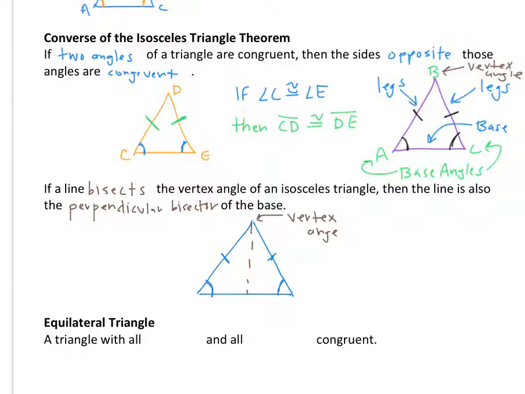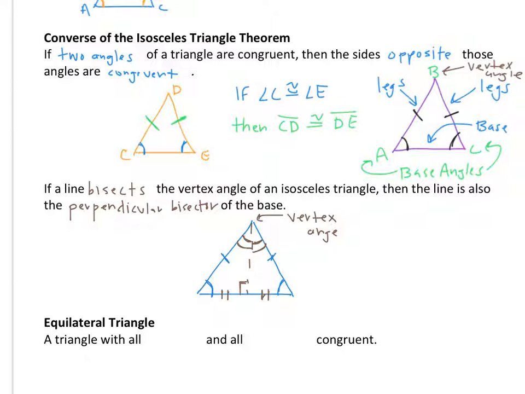So if this line down the middle bisects that, meaning it creates two congruent angles at the top, then it also bisects this base, making two congruent lengths there, and where it intersects the base, it forms a right angle.